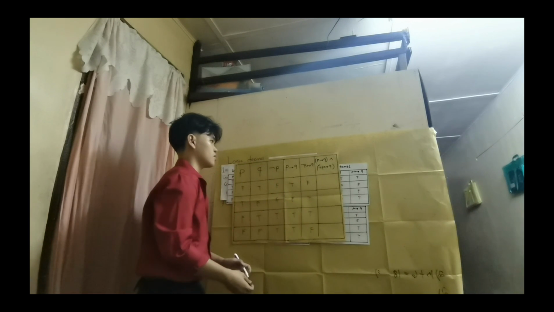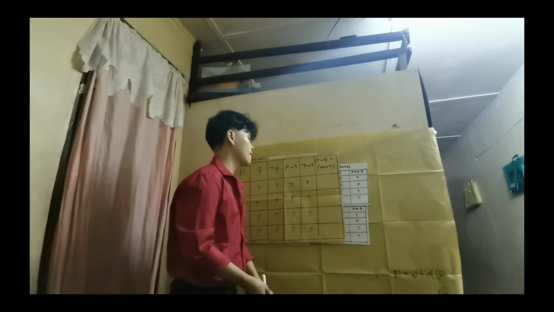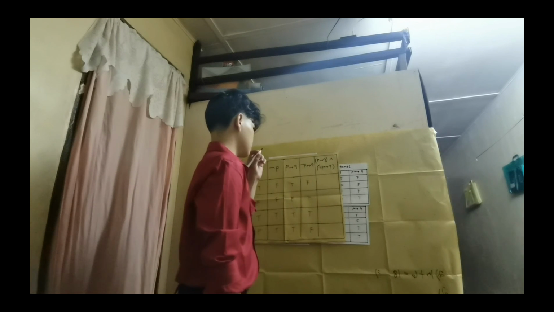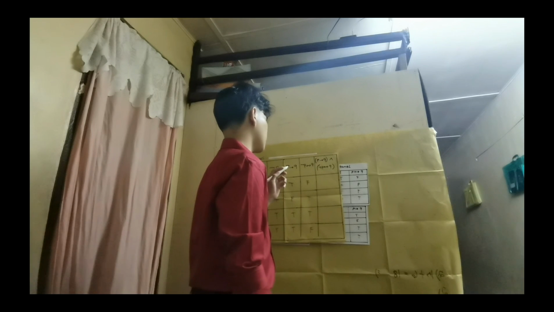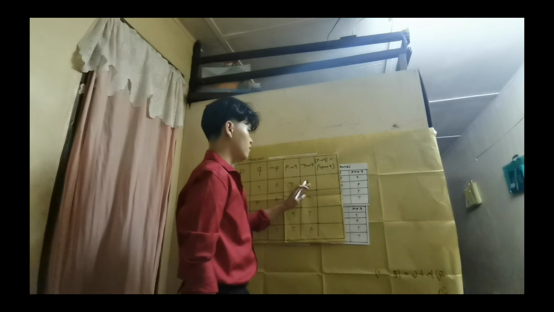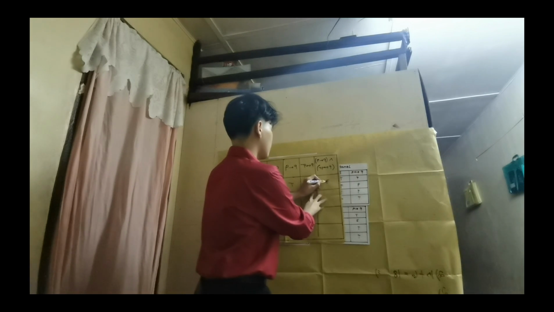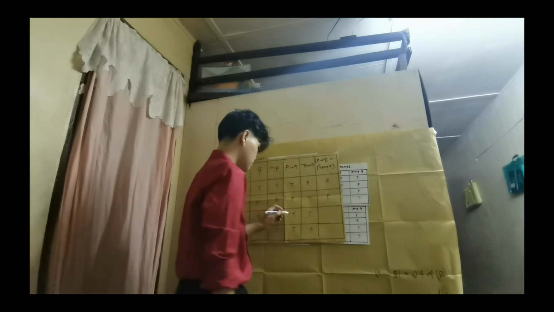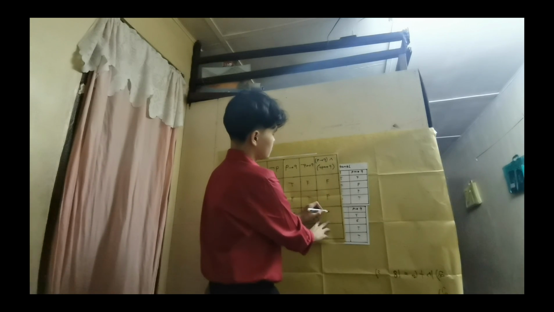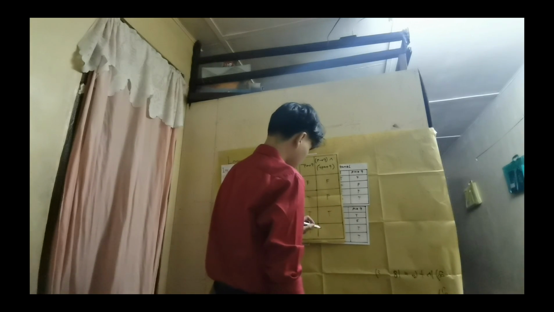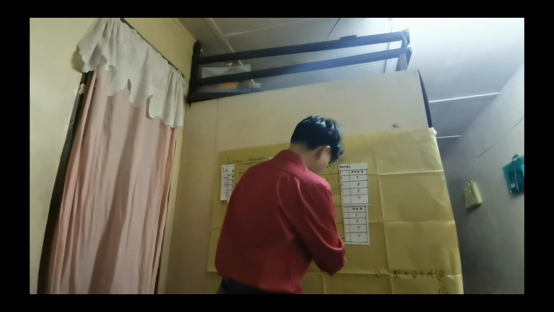Now, let's conduct the last one: P implies Q and not P biconditional Q. The answer: true, false equals false. False, true equals false. True, true equals true. True, false equals false.